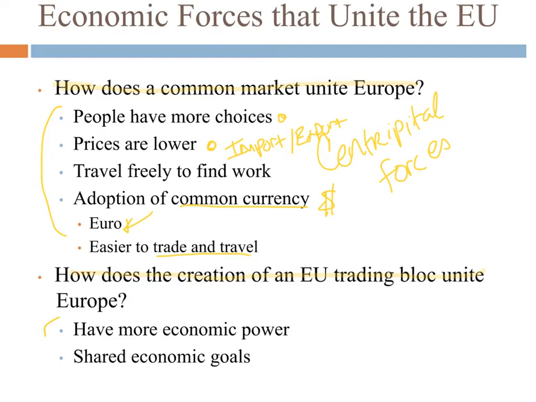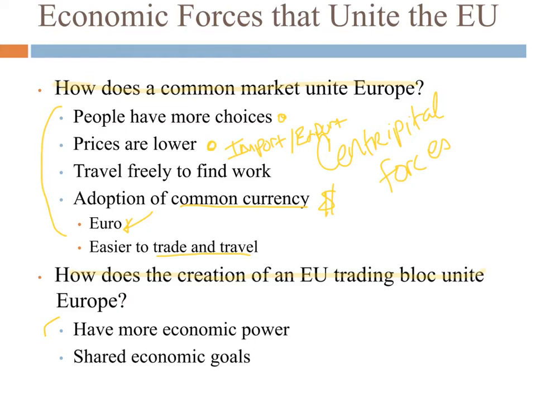Now, European countries are relatively small, but economically powerful. The problem is they're not able to compete with the United States or China because the United States and China are just too big. But what the European Union realized is if they unite all of their countries together, they're going to have a market that's bigger than China or the United States.